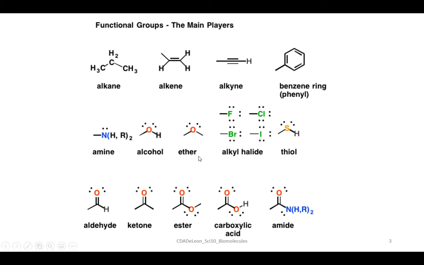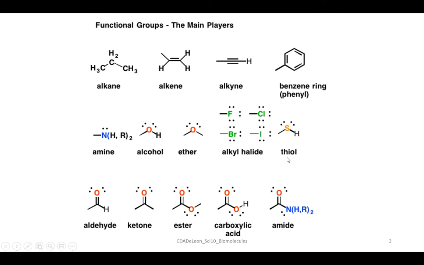Ether is a class of organic compounds that contain an ether group, which contains an oxygen atom connected to two alkyl or aryl groups. Alkyl halides or haloalkanes are a group of chemical compounds derived from alkanes containing one or more halogens.